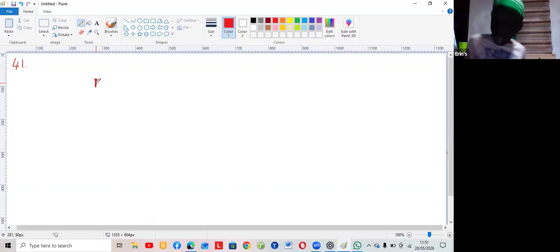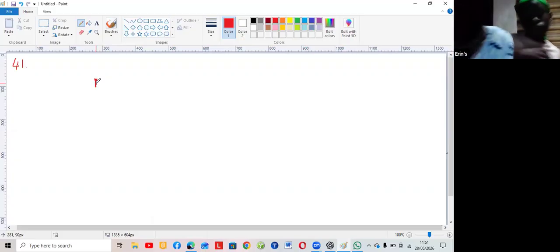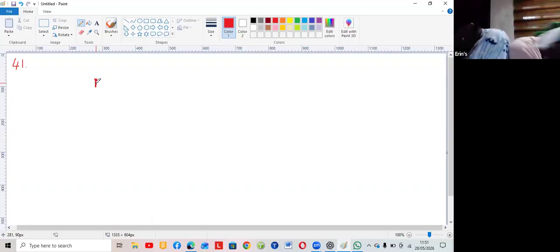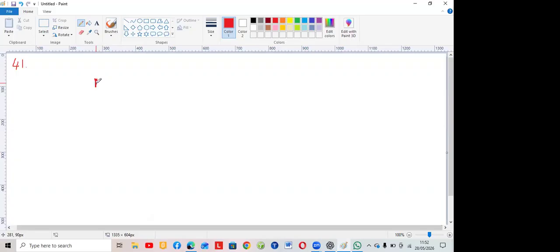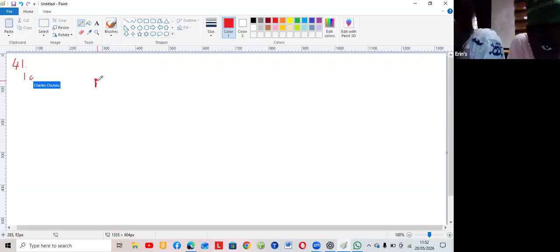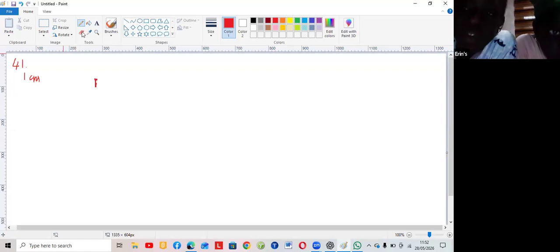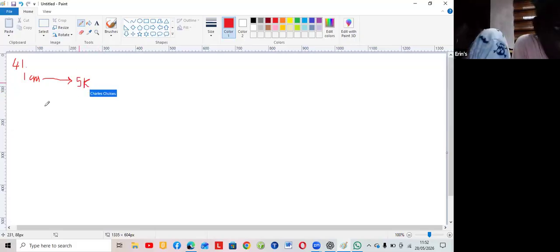It says using the scale 1 centimeter equals 5 kilometers, on a map, what will be the scale drawing for 25.5? So that is going to be 5.1. The answer is 5.1.